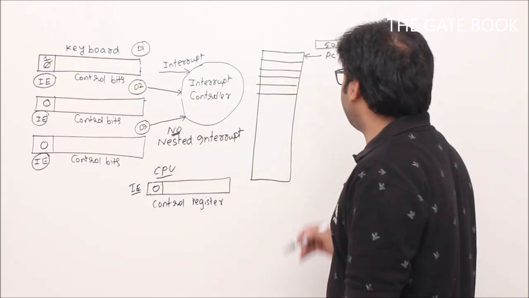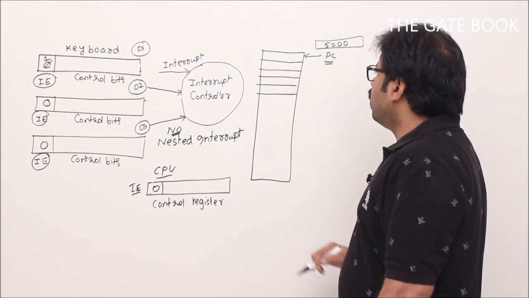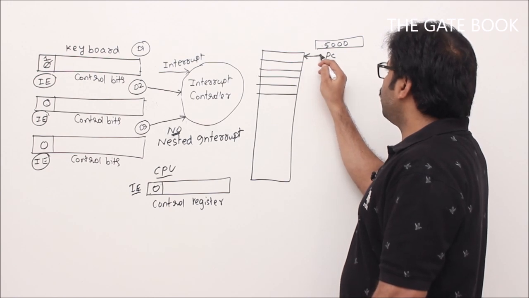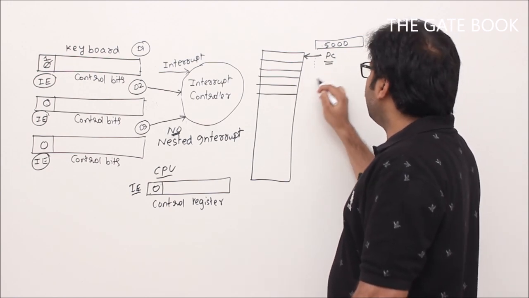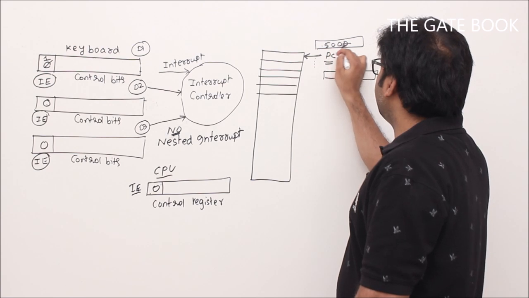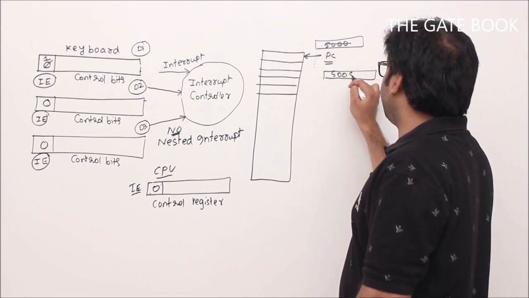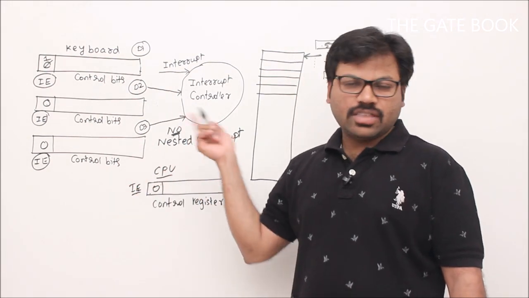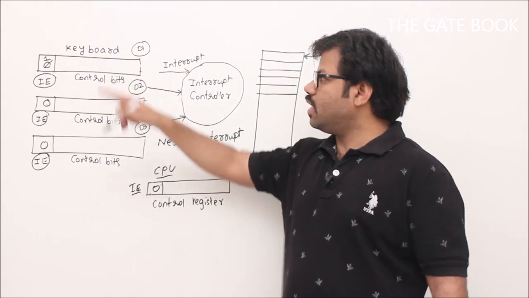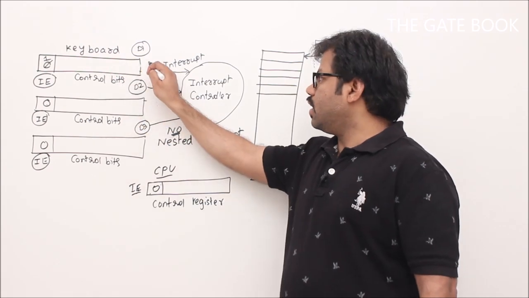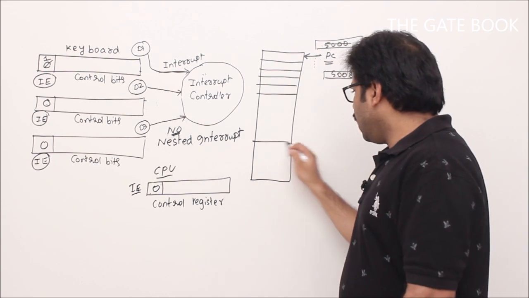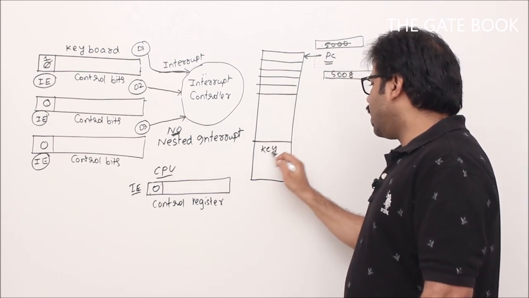Let's start. Let's say you have written a program which is currently executing at 5000. Eventually your program counter value becomes 5008. Suddenly an interrupt came from the keyboard, because that is expected. The keyboard has to give the interrupt, that is what you are expecting, because its IE bit is 1, so it will generate an interrupt. This is, let's say, the keyboard's interrupt service routine.